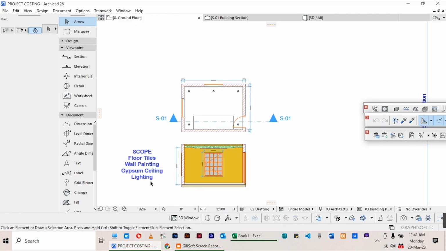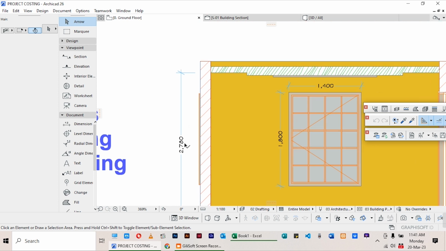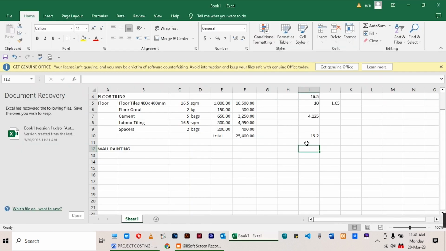Our height, you can see, is 2.78. Get the area. The area is equals to this, multiply by this, and you're getting 42.256.